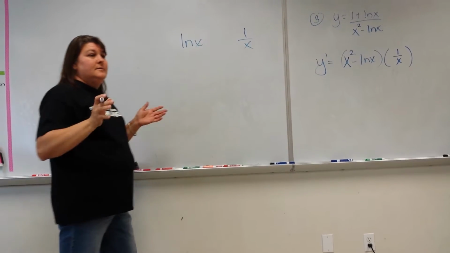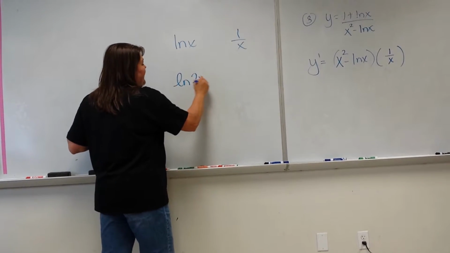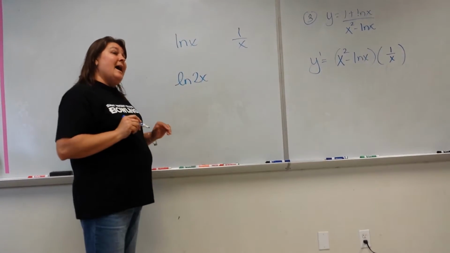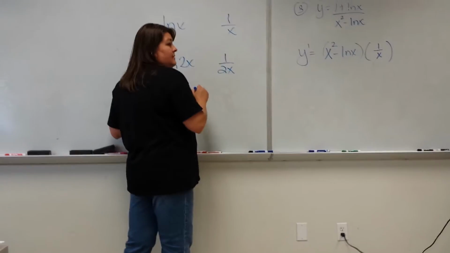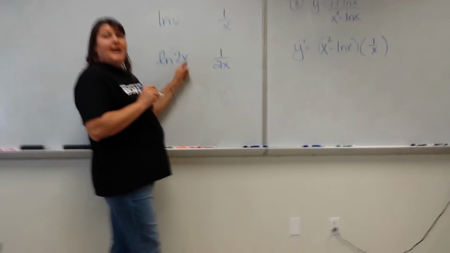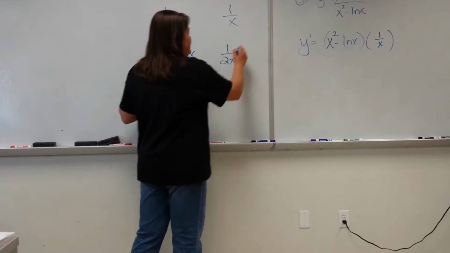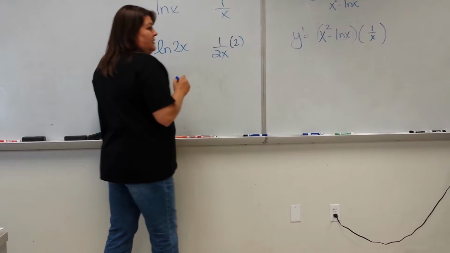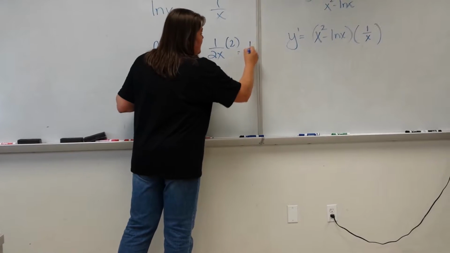That's generic. The ln of 2x, the derivative of that would be 1 over 2x, so you take 1 over whatever that is, times its derivative, so times 2. It makes better sense. And then they reduce that to 1 over x, right?